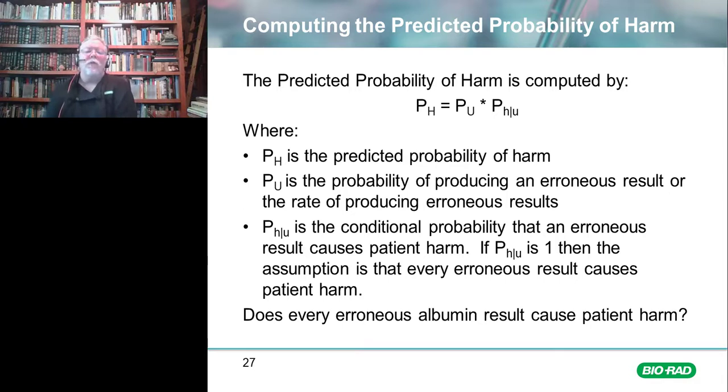Why? Well, first of all, we are probably considering albumin in the context of other results and other biochemistries. And if you have a result that's really way off, then that would cause the clinician to question the validity of that result, and that doesn't necessarily result in patient harm.